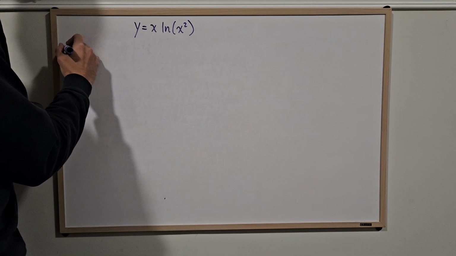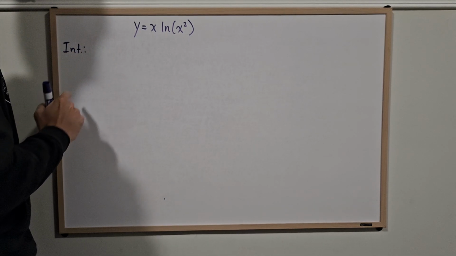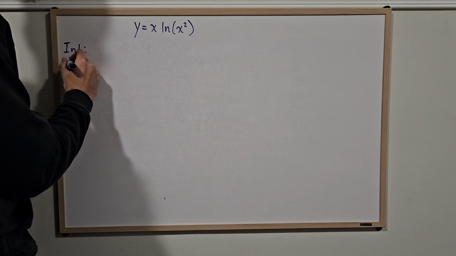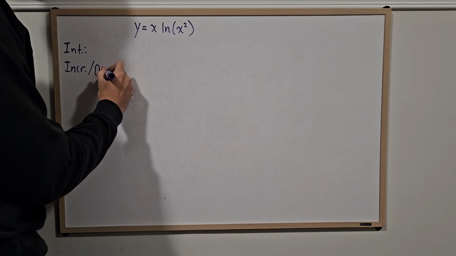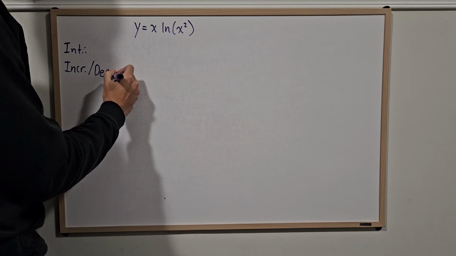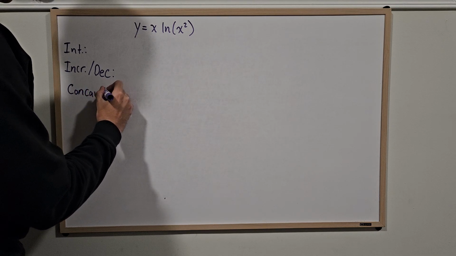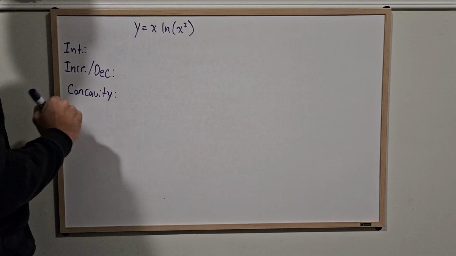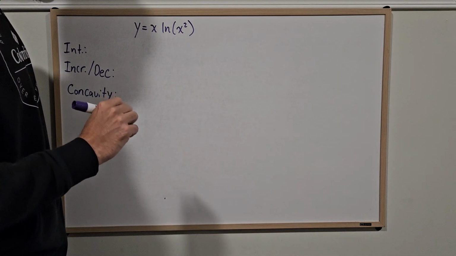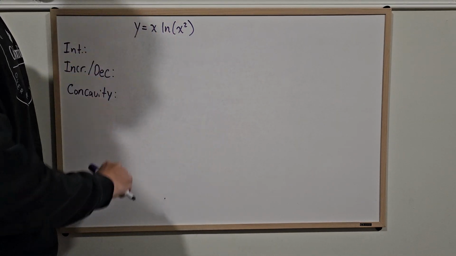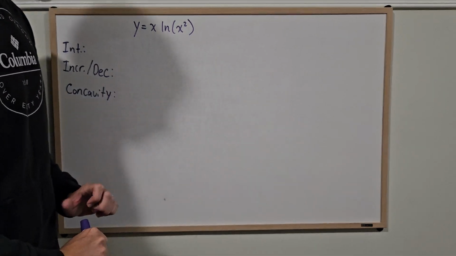So the things that we need to look for are intercepts, our intervals of increase and decrease, and our intervals of concavity. Those are the things we're going to try to look for in this graph. And after we get all these clues, we're going to attempt to graph it.